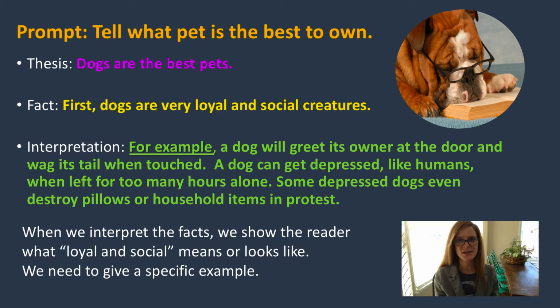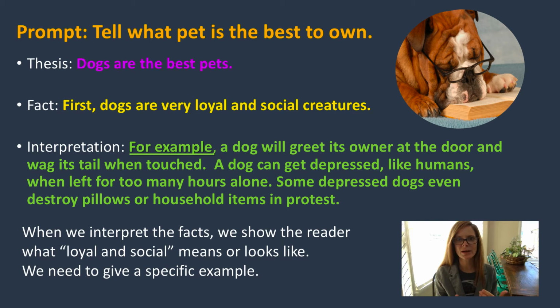Okay, I'd like to take a second here to talk about fact and interpretation. That might be something new to you. Let's take an example like this. Let's say your prompt is, tell what pet is the best to own. And your thesis is, dogs are the best pets.